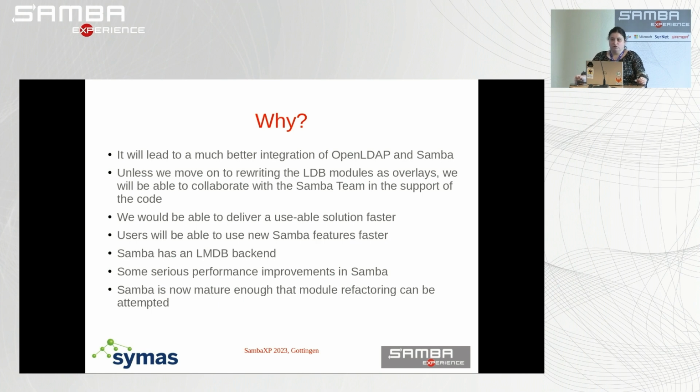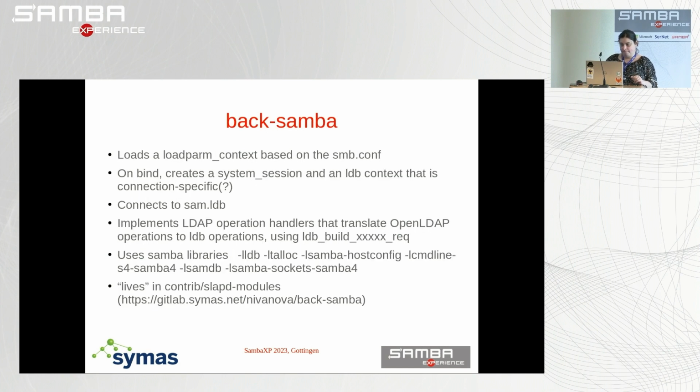Because a lot of development still happens inside Samba, we will be able to deliver usable solutions to users faster, because we don't have to rewrite everything that's new in Samba in OpenLDAP. Like I mentioned, now Samba is much faster and much better, and that is also making this approach more feasible.